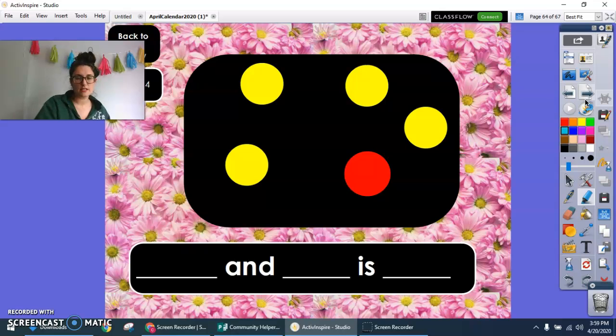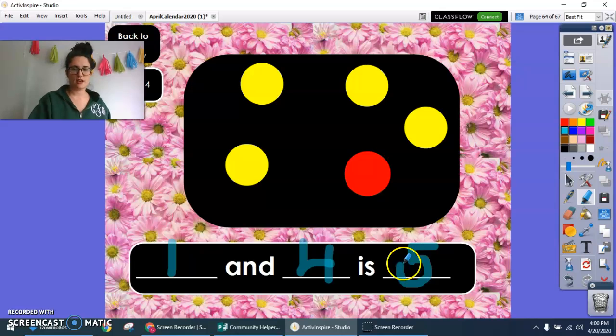So the first thing I have to do is look for my reds. How many reds do you see? 1. I see 1 red. So 1 and, how many yellows are there? Let's look. 1, 2, 3, 4. 1 and 4 is 5.